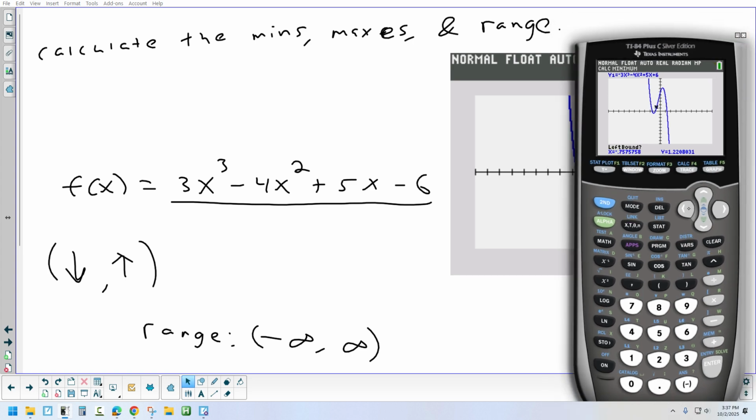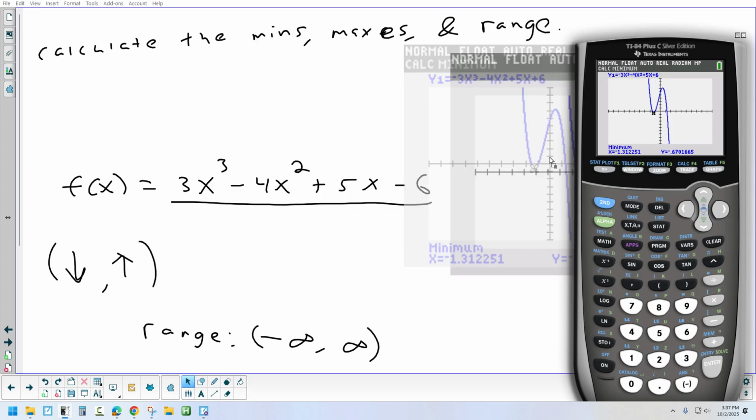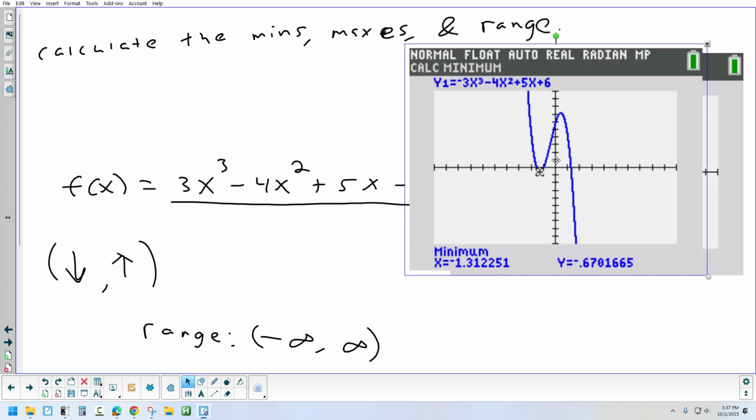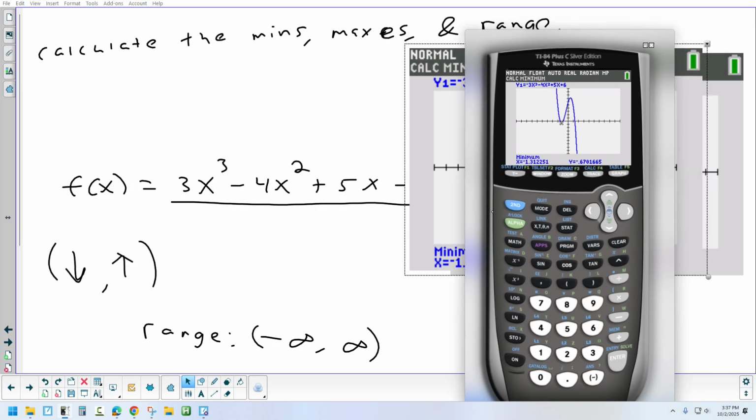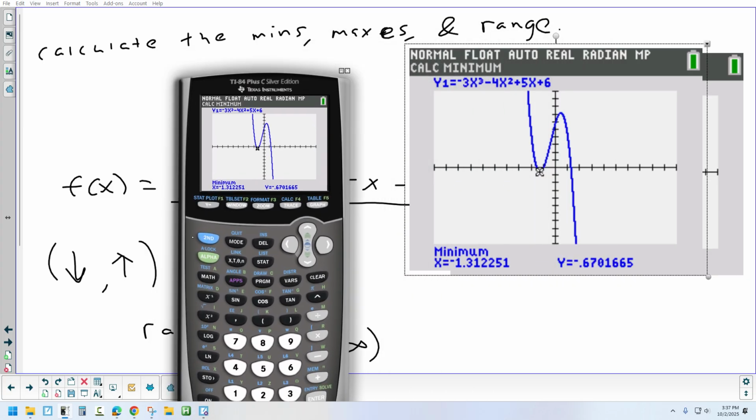Then you put in your left, your right, and your guess. And you have a minimum at negative 1.31. And maximum is going to be the same, but don't assume that it's symmetric. Like if you have negative 1.31, that you have positive 1.31. No. Okay, just find the maximum and write down what you know.